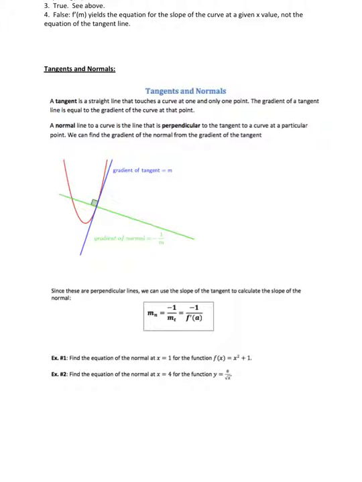So the slope of the normal line is the opposite reciprocal of the slope of the tangent. That's why they did negative 1 over m sub t. And it's equal to this because the idea of the derivative is that it is the slope of the tangent line, right?